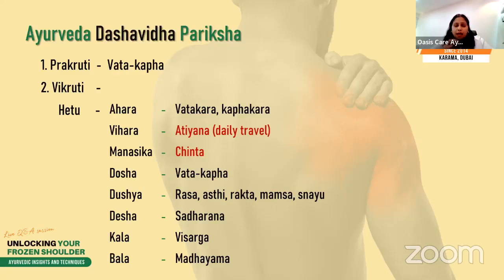The diet the patient is taking is a very Vata Vardhaka Ahar, very dry, very ruksha, with very fast eating habits, and kaphakara ahar, which is always junk food, or always dadhi sevana, always curd, which increases kapha. That kind of aharaja, if it is there, then it is an ahara hetu.